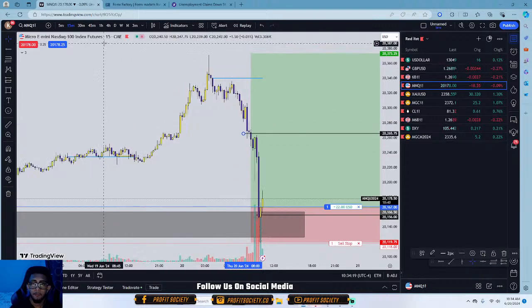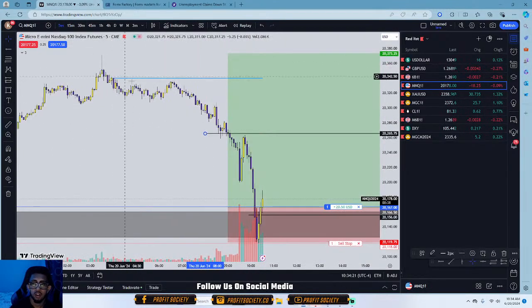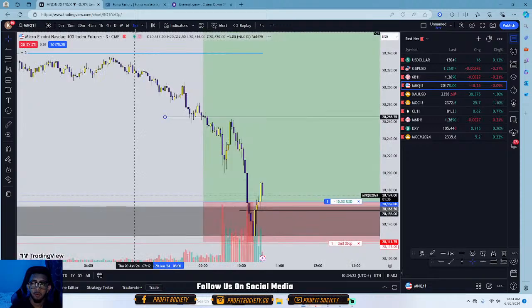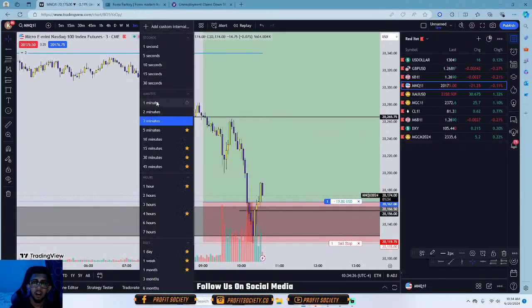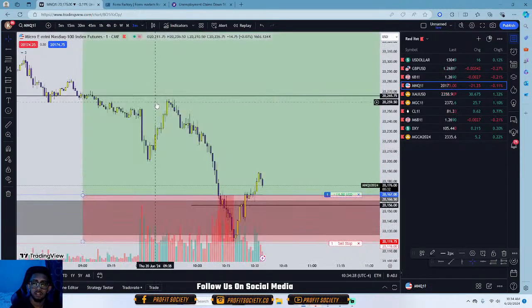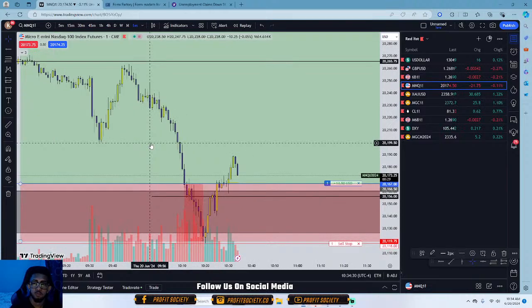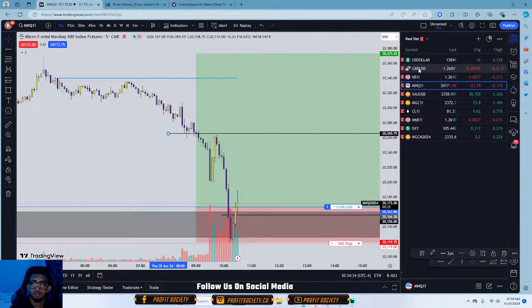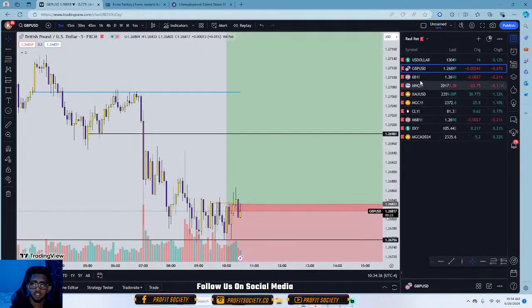So we want to manage this trade accordingly. We only got a small reaction from it, and now it's kind of just retesting at this point. GU, same thing.